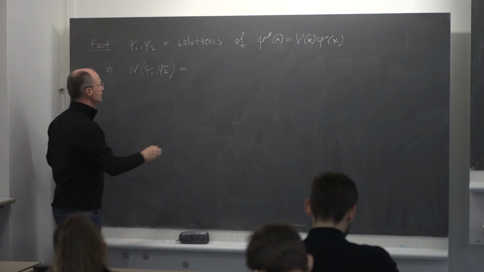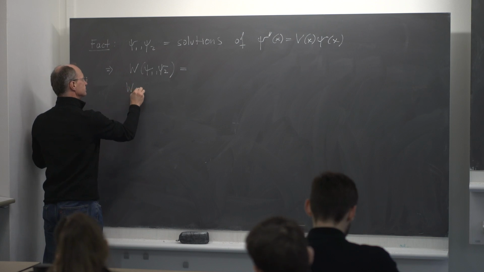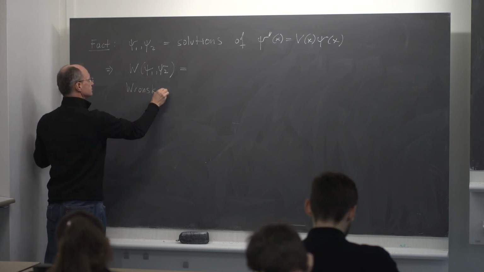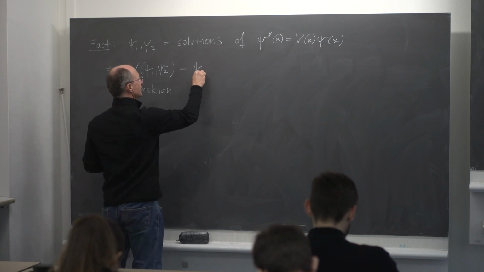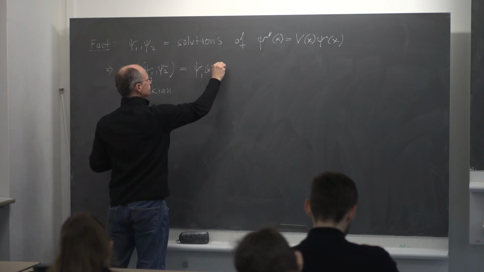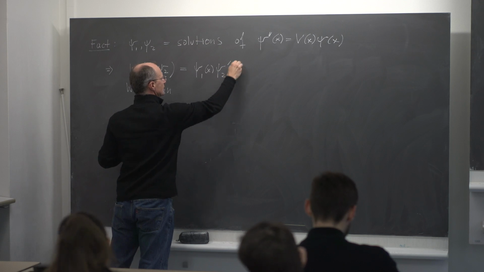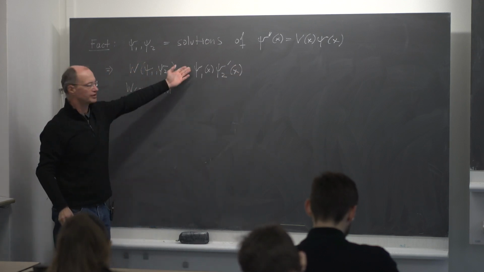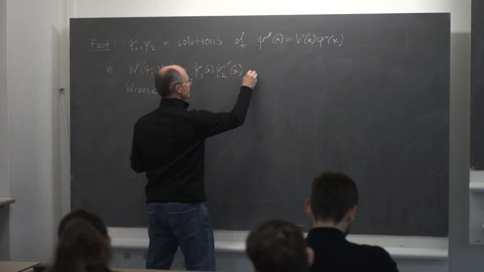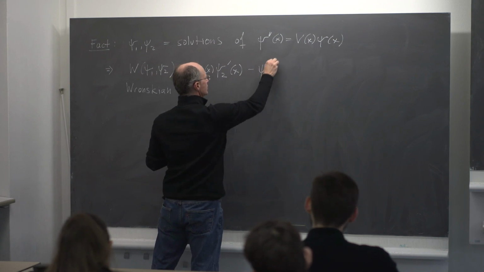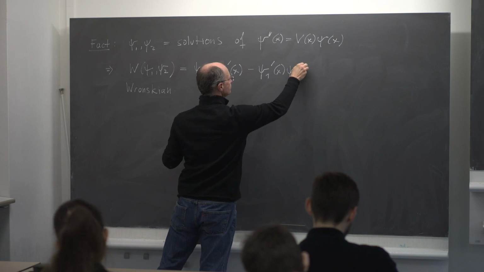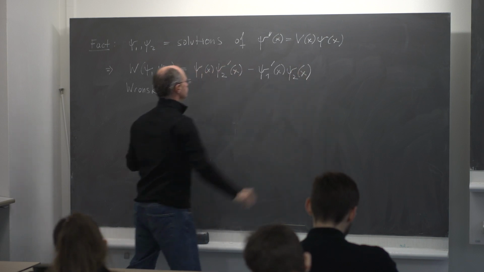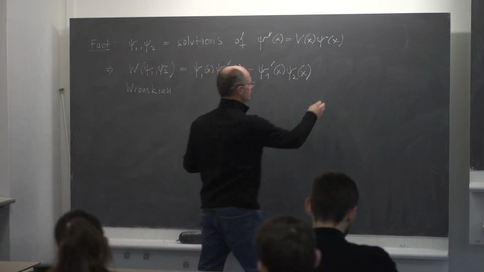Then the Wronskian of psi1, psi2, well, here I never know what the correct sign is. Let's choose the sign like this: psi1 psi2 prime minus psi1 prime psi2, is a constant.